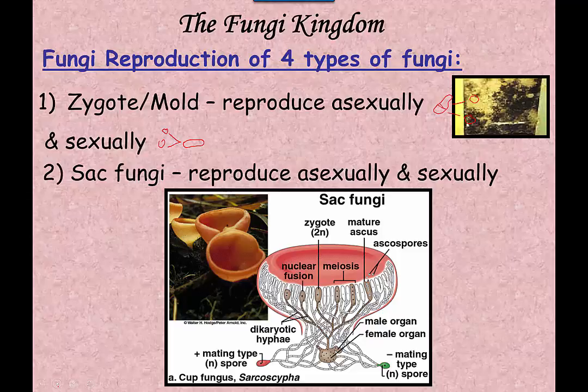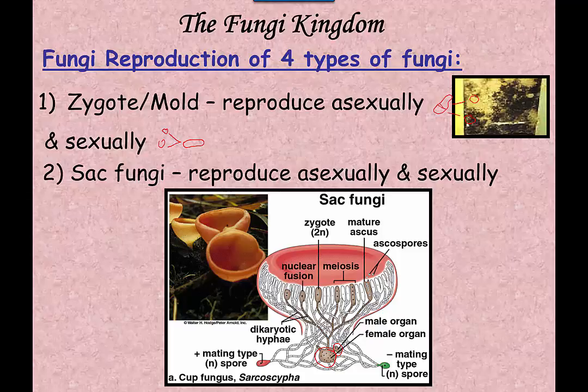And this fungi is interesting because it has both the male organ and the female organ in one plant. So they can reproduce sexually without having to cut themselves in half, or they can reproduce asexually by having spores.